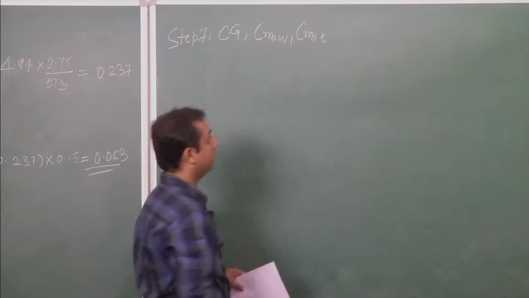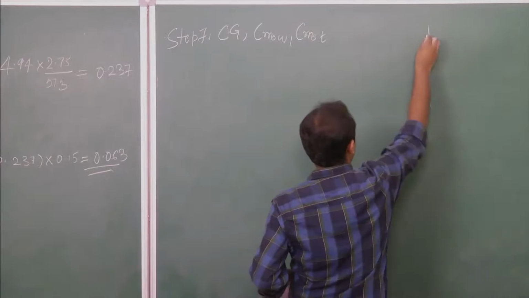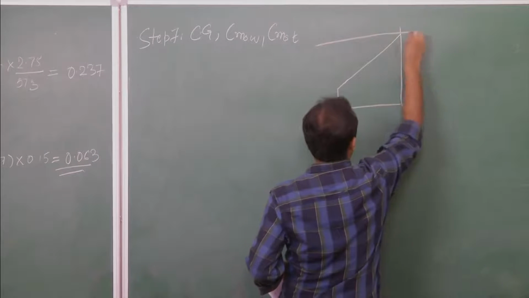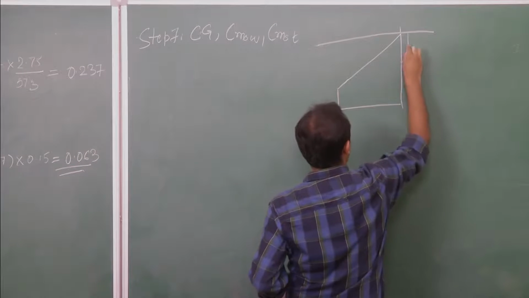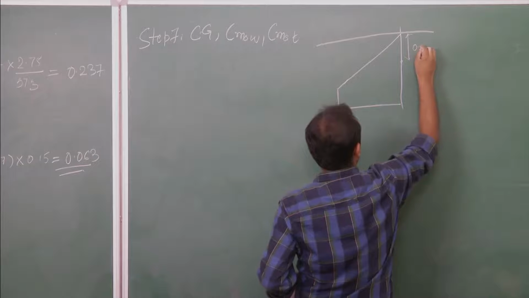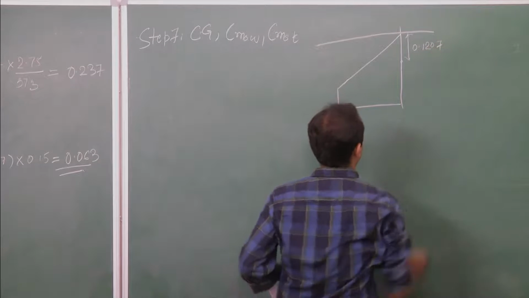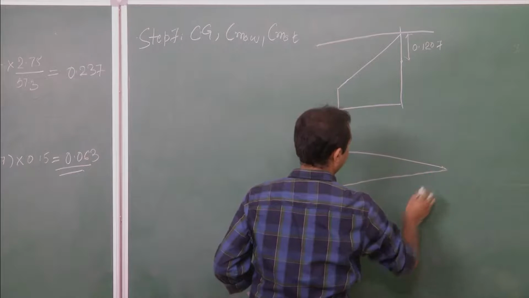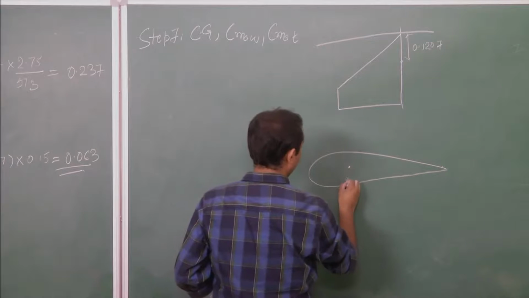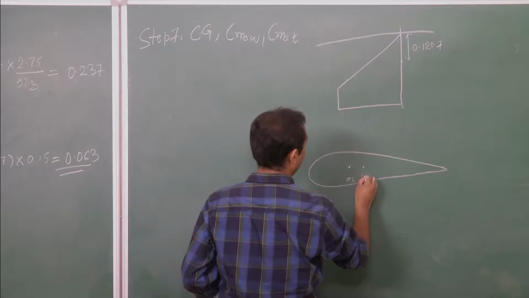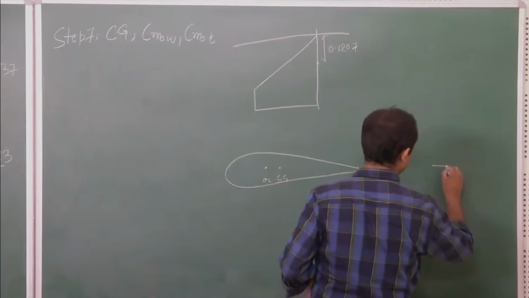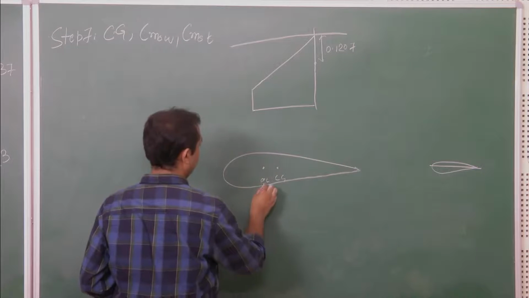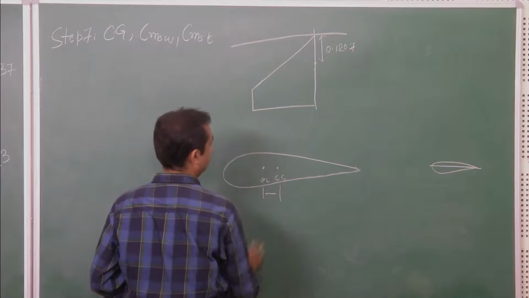Earlier we derived the position of the aerodynamic center with respect to the wing horizontal line. This was a horizontal line and we derived this as 0.1207. As we have already seen in the previous lecture, in order to have static stability, your CG should be behind the AC. This is your tail.